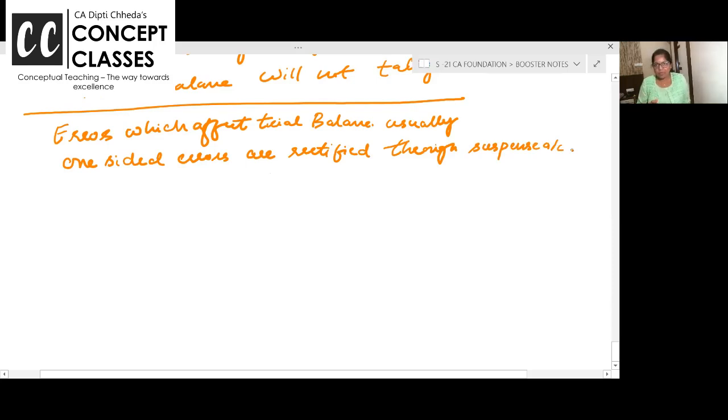Is it clear to everyone? Read the line, interpret it 10 times. Errors which affect the trial balance, usually one-sided errors, are rectified through suspense account.